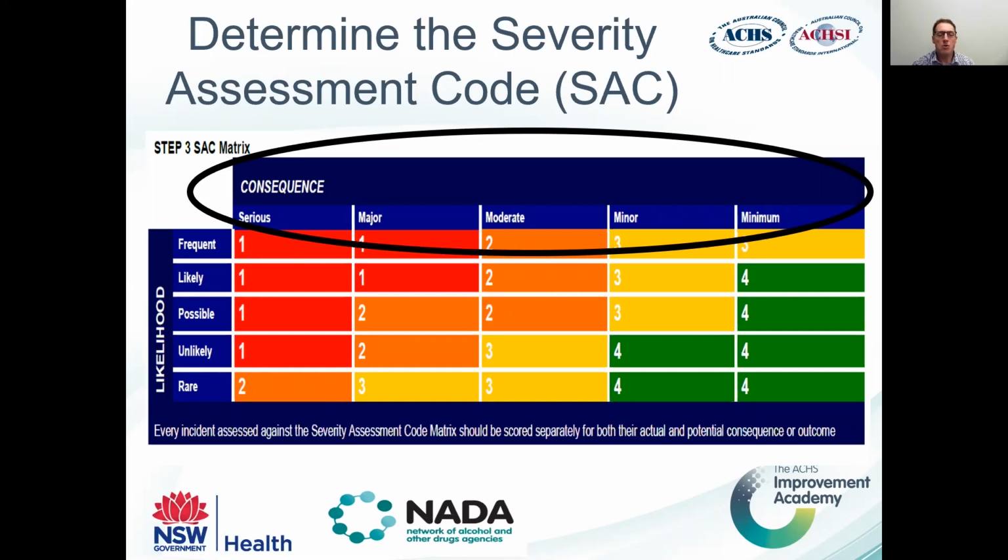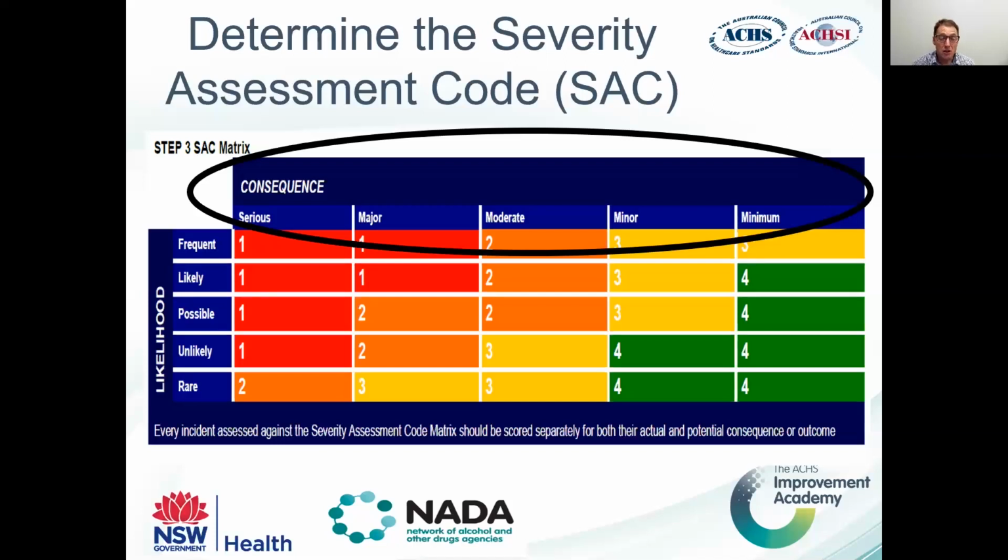So this is the horizontal axis that is highlighted on the slide. So the consequence can be rated as serious, major, moderate, minor, or minimum. And this can be directed towards the client, towards staff, or a visitor, so if a visitor gets injured, or indeed from an organisation perspective, so like an information breach or a fire.